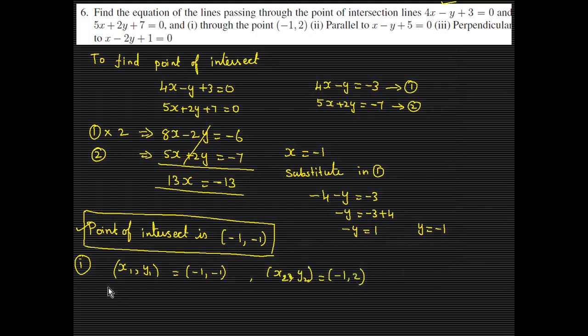Then the equation of the line is y minus y1 divided by y2 minus y1, which is equal to x minus x1 divided by x2 minus x1.